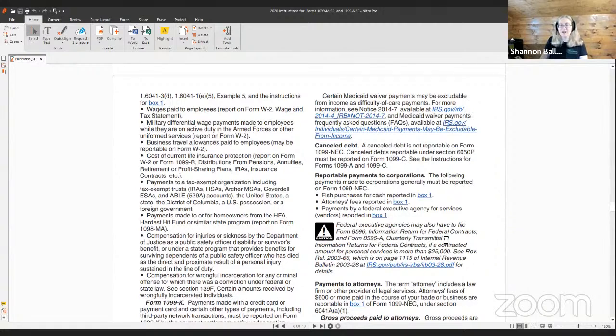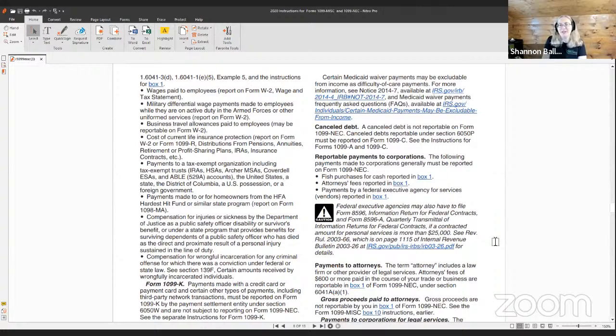Reportable payments to corporations. The following payments made to corporations generally must be reported on Form 1099-NEC: fish purchases for cash, attorney fees, and payments by a federal executive agency for services. They're all reported in box 1.